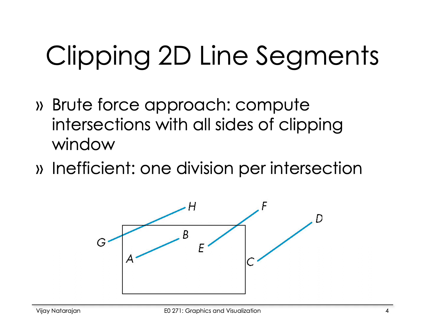So this is clearly inefficient because every intersection calculation requires 1 division, because essentially every intersection calculation reduces to the solution of a simultaneous system of equations.